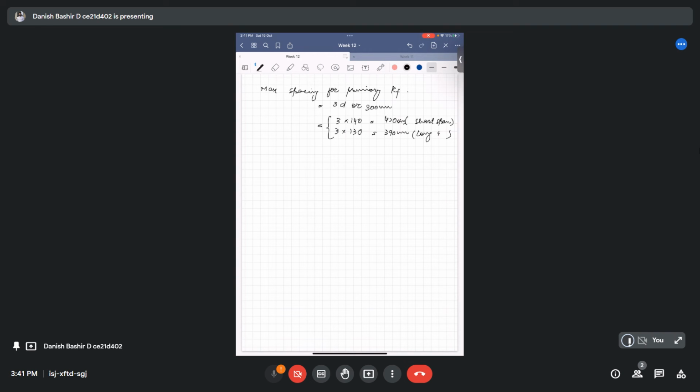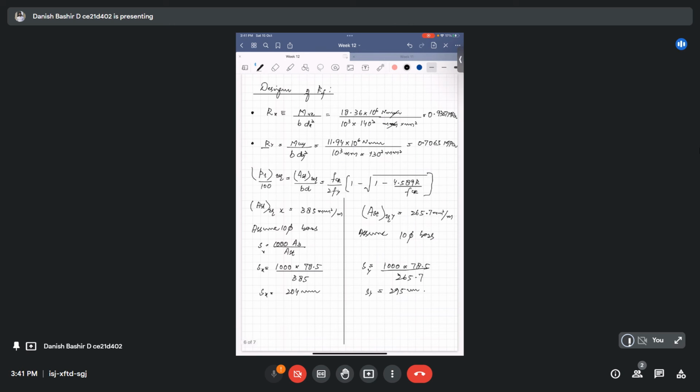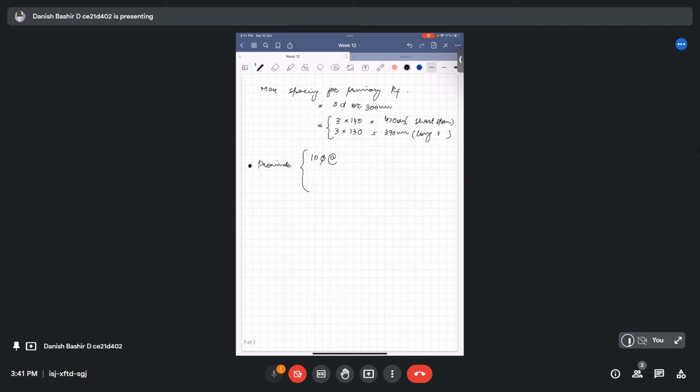Okay, so we will design our reinforcement like this. Provide 10 mm diameter bars at the rate of, so it is 420 maximum and we got 204, so reducing it to 200, okay. 200 center to center, short span.